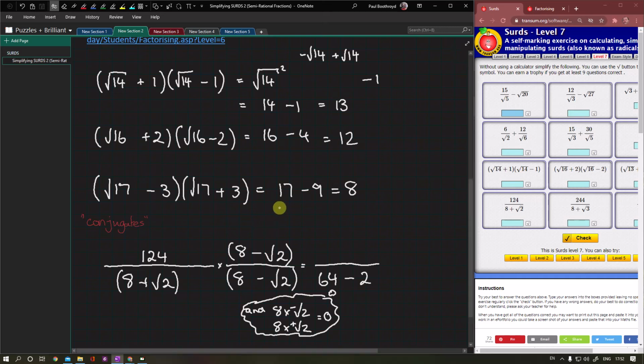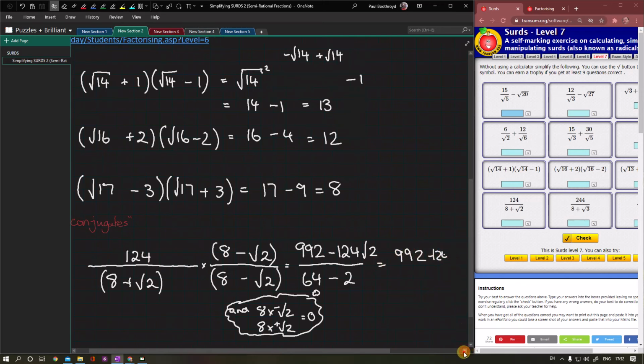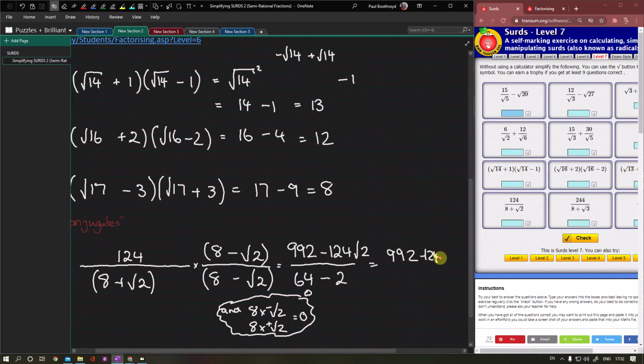On the numerator, I need to do some calculation. I'm going to use a calculator for it. There's no problem with us using a calculator at this time. Multiply by 8 is 992. And I would like to subtract from that 124 times the square root of 2. This gives me 992 minus 124 square root of 2 all over 62.